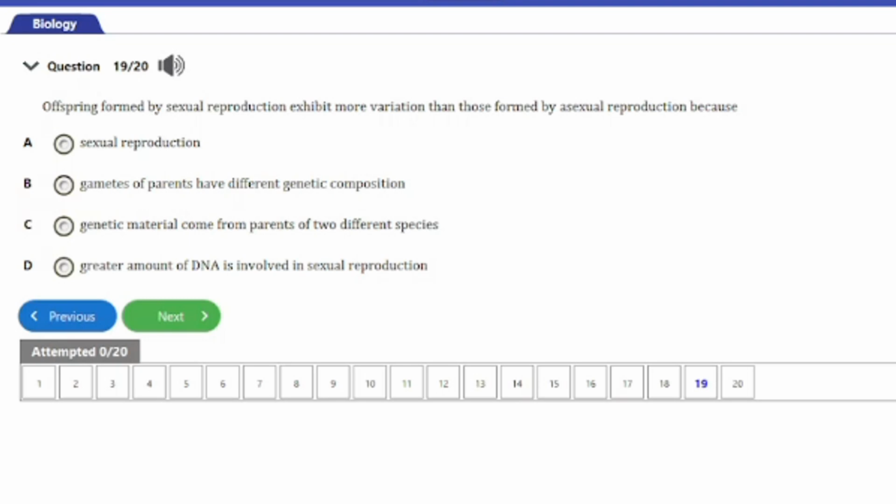So guys, the answer to this question is option B here, and that's the fact that gametes of parents have different genetic composition. So that's it for that question. Let's consider the next and the last question.